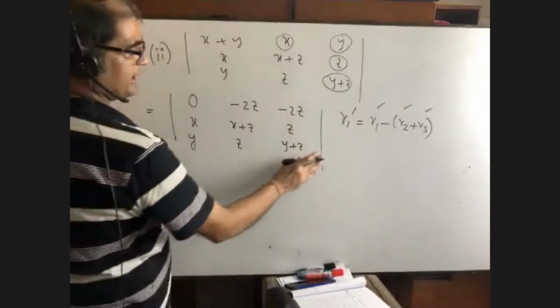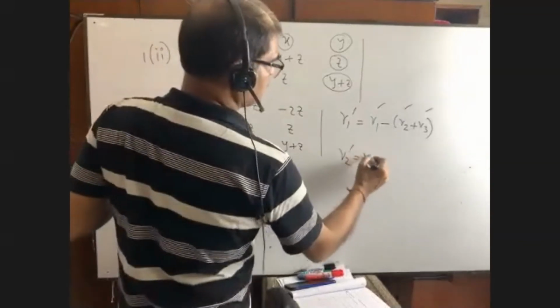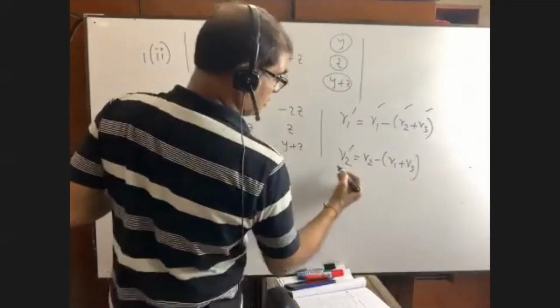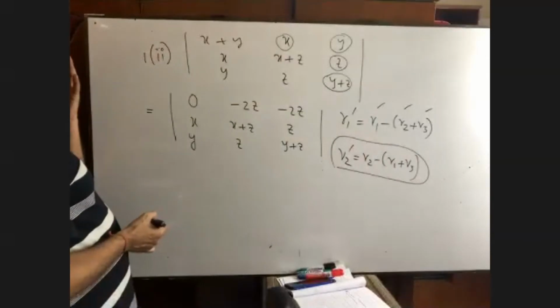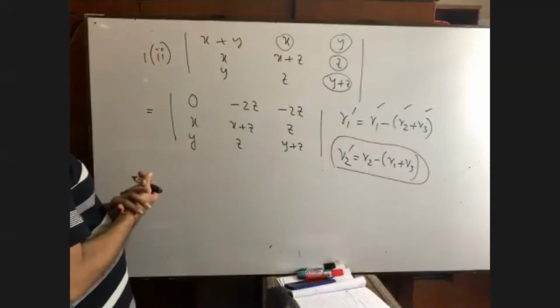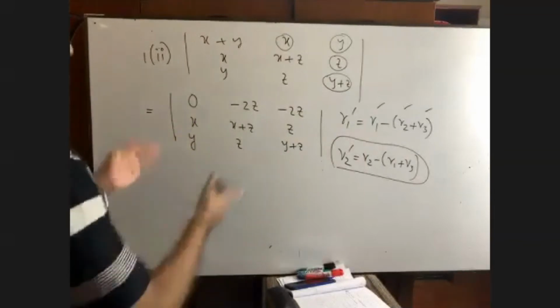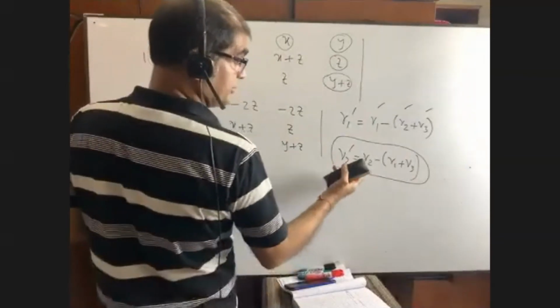But you would write here row 2 equals row 2 minus something. It is the original format to write down. We will not need it because we'll get the answer easily now. We are not going to take this, but it could be taken.